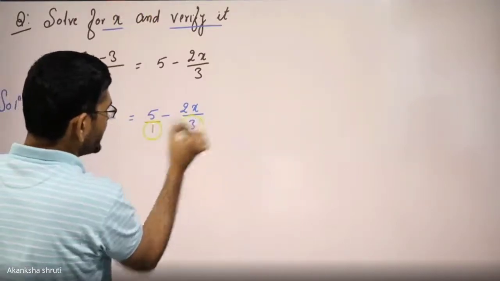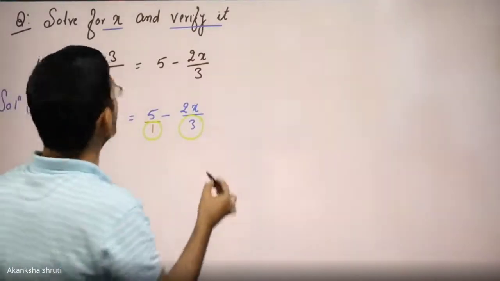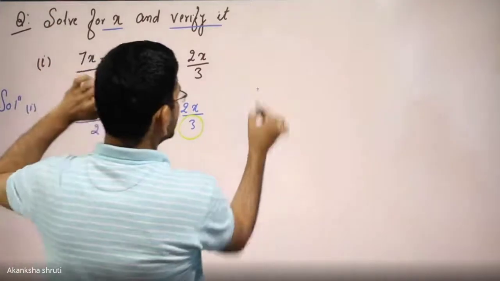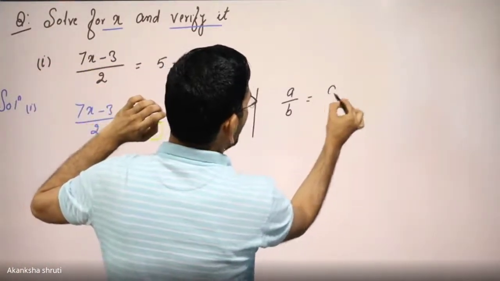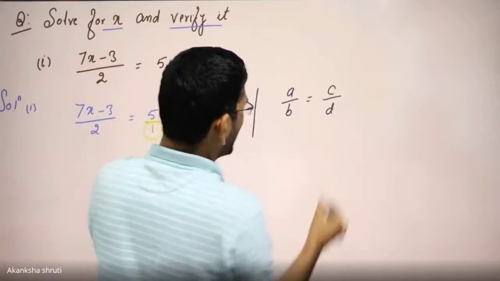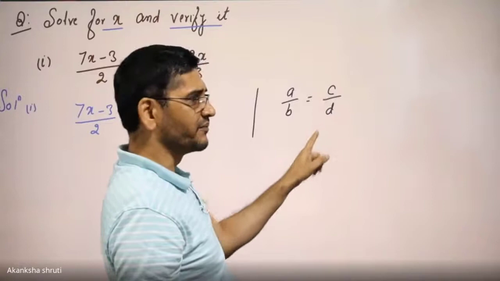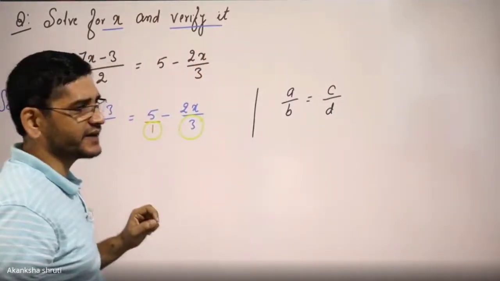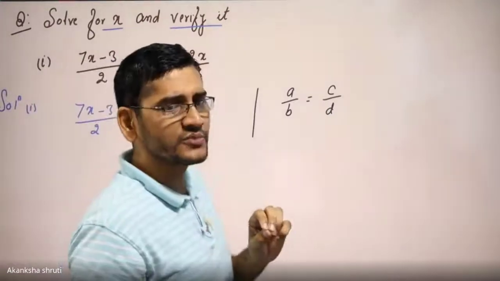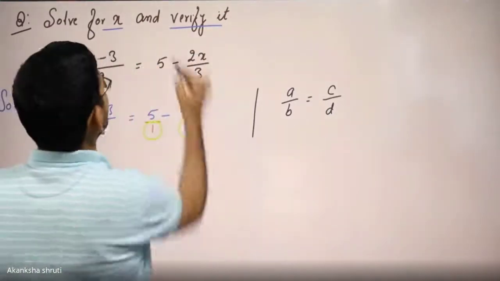It is 1 and the other one is 3. The common rule that a by b is equal to c by d is applied only if the denominators are the same. So in this case, the denominators are different. So there are two ways of solving this. Please understand carefully. It is a very important question.